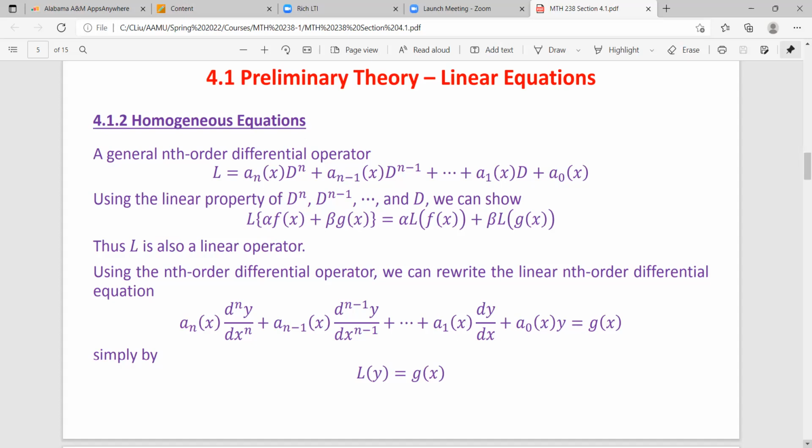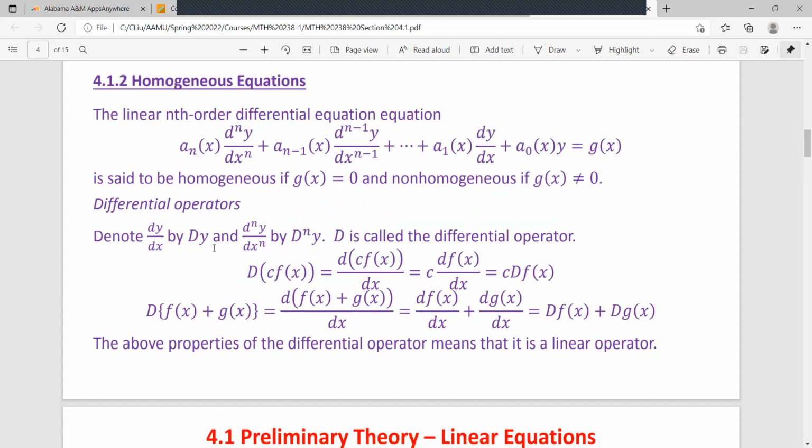Okay. Then based on that, we can define a general nth order differential operator with all the coefficient functions multiplying the derivatives. Okay.